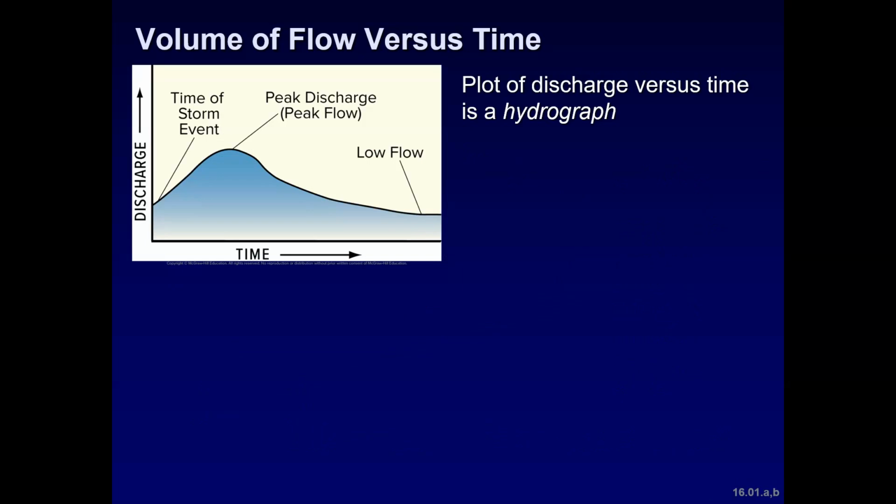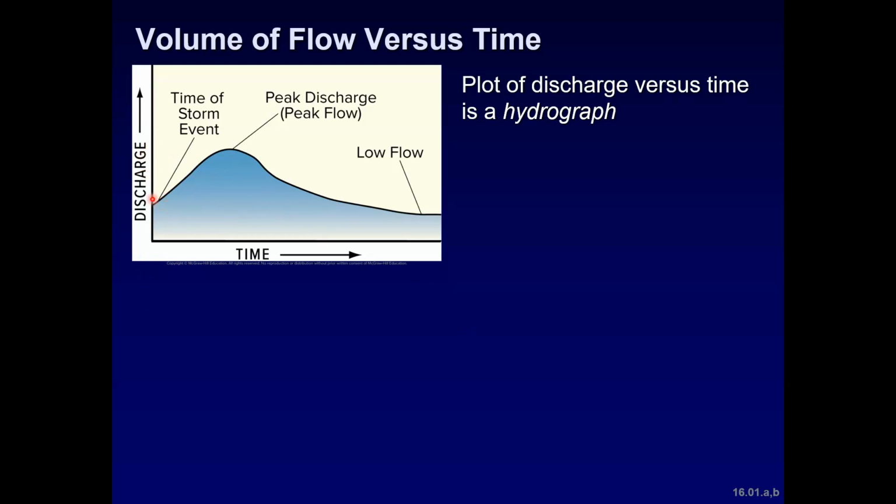Okay, now we're looking at the volume of flow in a river system versus time. All right, so the plot of discharge versus time is called a hydrograph. So you have discharge here and then time. We have a storm event.